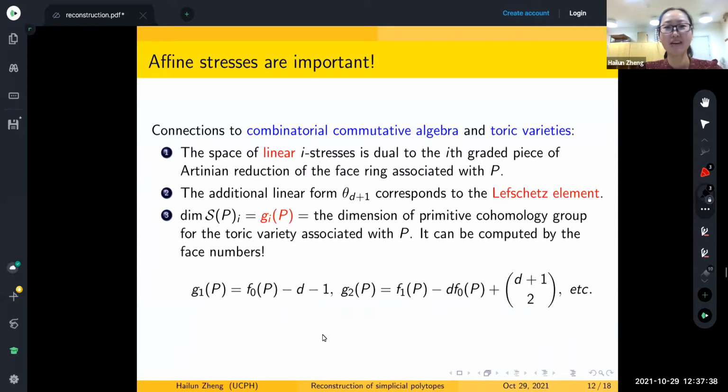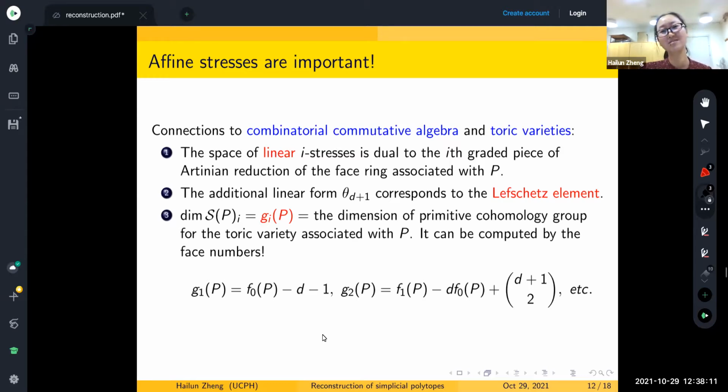So now, again, I want to mention why we want to look at these strange functions called affine stresses. I'm just going to say it very quickly. It has a lot to do with combinatorial commutative algebra and toric varieties. So it has other meanings. In particular, if you look at the space of linear stresses, I don't want to define the linear stresses, but basically it just means that we don't have to consider the theta d plus 1 in the canonical linear forms.